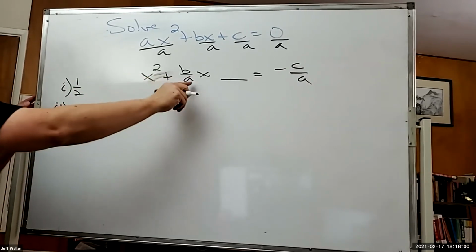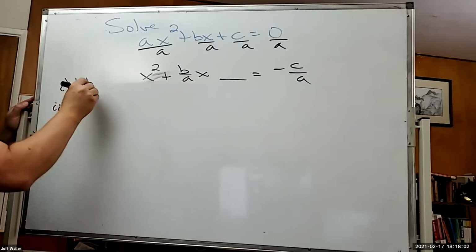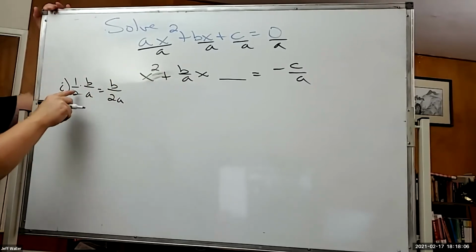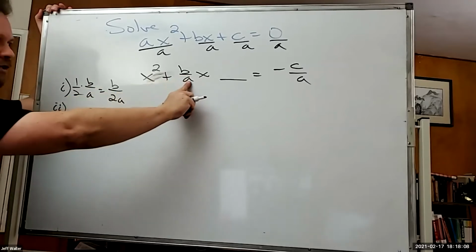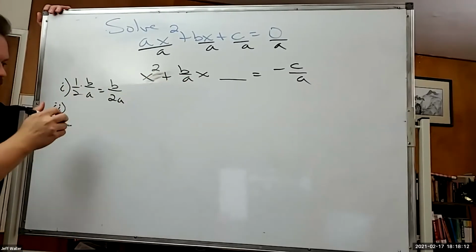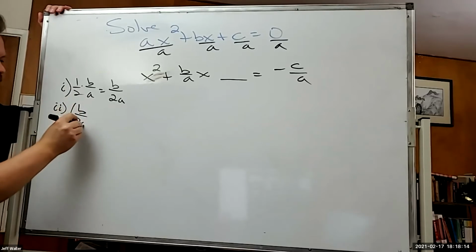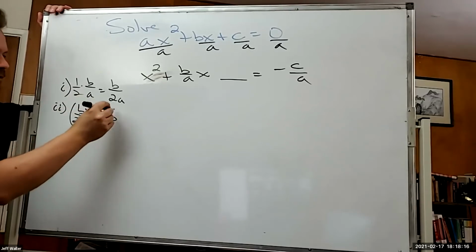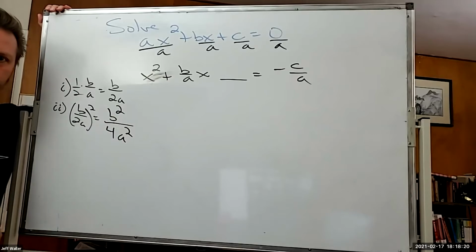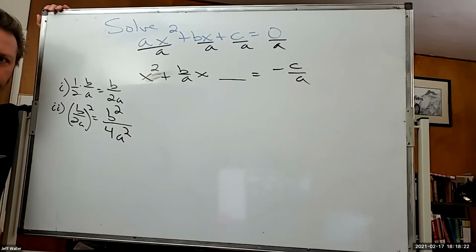Half of the middle dude. That's how you do half of something, just multiply it by 1/2. So if it's a fraction you're working with, do 1/2 times it. That makes it easier. And then of course I just square this. Isn't this already looking familiar? No? Yeah. A little bit?